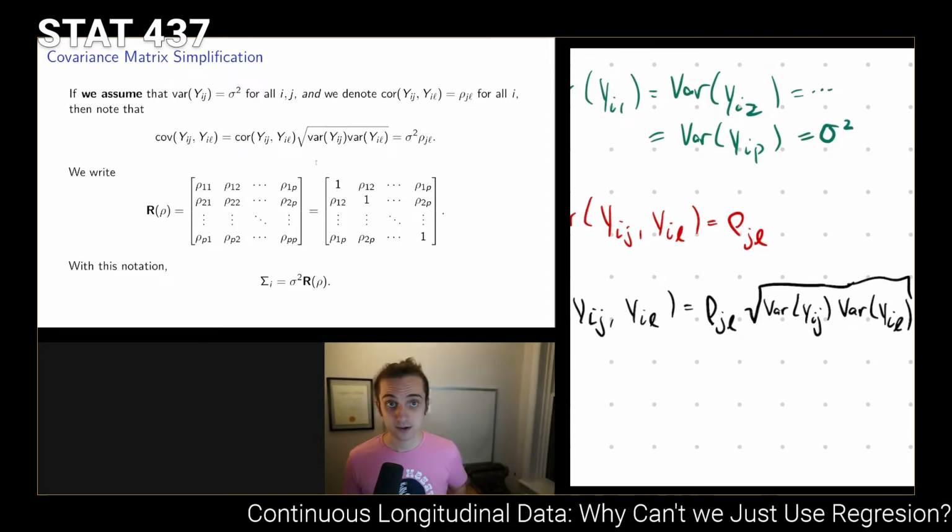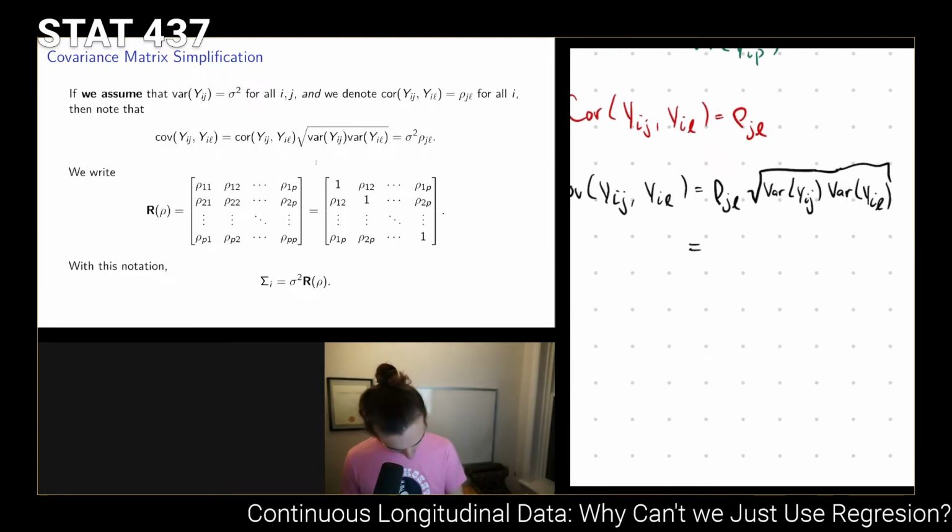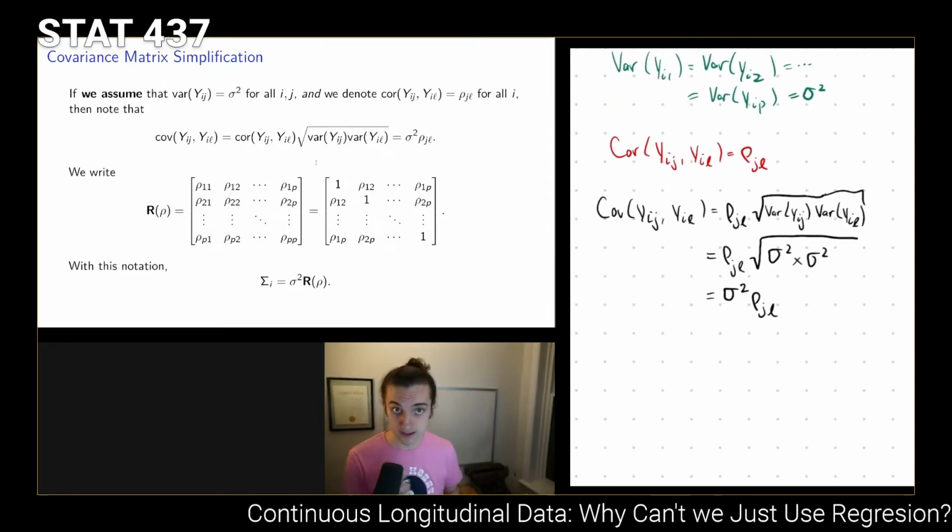Those variances we've just assumed are both sigma squared, so that's rho jl times sigma squared, and so this is going to be sigma squared rho jl. So that's the covariance between these two.